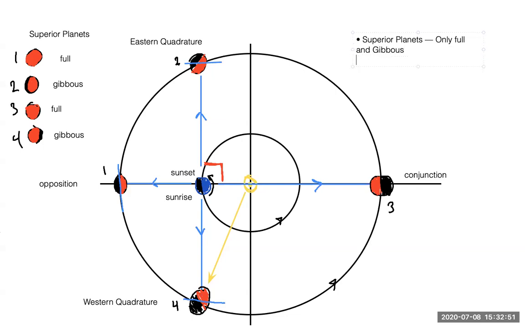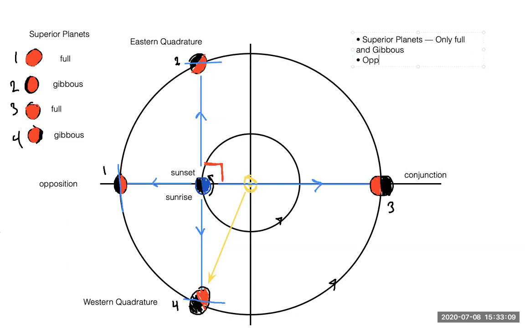And the other takeaway here is that your planets are going to be in opposition when they are directly opposite the sun, and conjunction when they are on the exact same side as the sun.